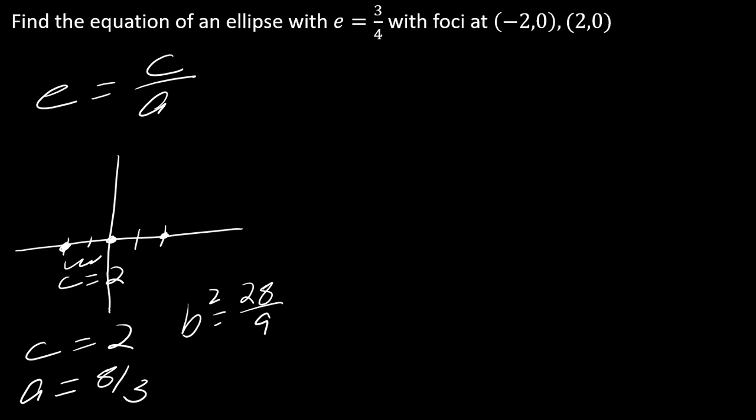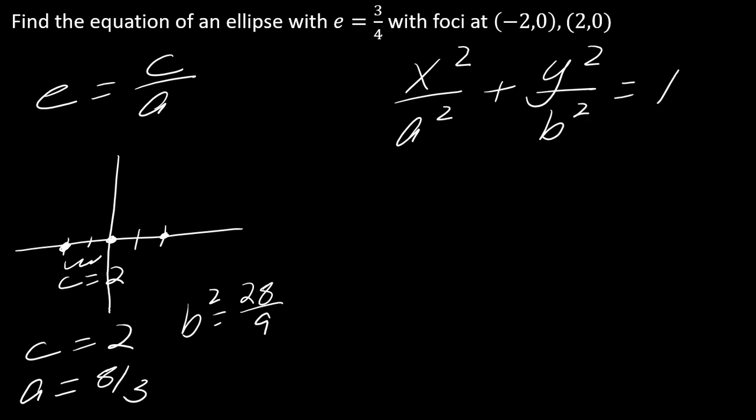Okay, so rounding up all the information that we have now. I know that this is going to take the form x squared over a squared plus y squared over b squared equals 1. Now when you fill in this a squared and b squared, I know it's going to look really weird, but let's just enter it in.